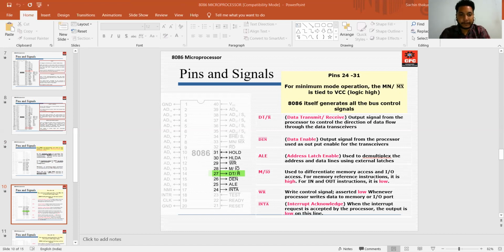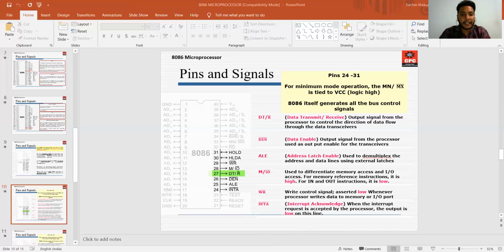Now next is pin number 28, your M/IO, memory input output access. The memory input output signal selects either memory operation or input output operation.